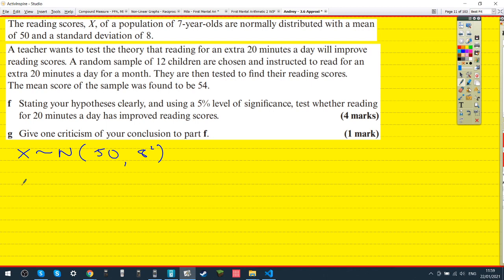And then after this, the second one would be 50, sorry, and then would it be 8 squared over 12? Yeah. So sample x is normally distributed. We assume it has a mean of 50 and its variance is 8 squared over 12.